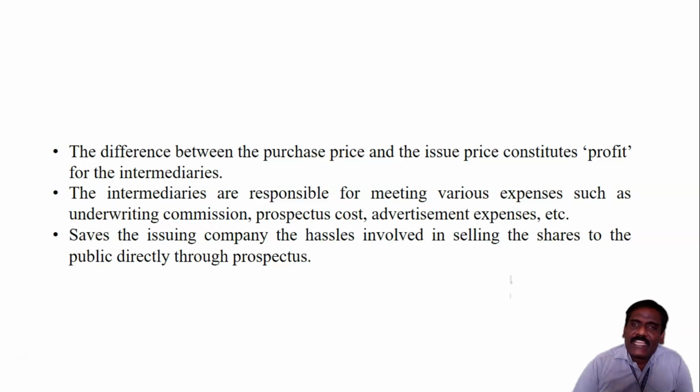Whatever expenses are associated with that are reimbursed by the issuer, and this saves the companies from the hassles involved in selling securities directly to the public, because sometimes the issuer may not be a known company to the public. At that point, the underwriter may be familiar in the market. The underwriter is going to promote the issue on behalf of the issuer. For that, this particular kind of issue is routed through the offer for sale method.